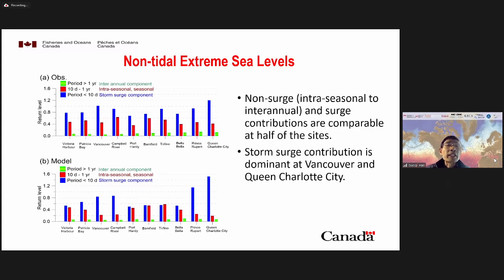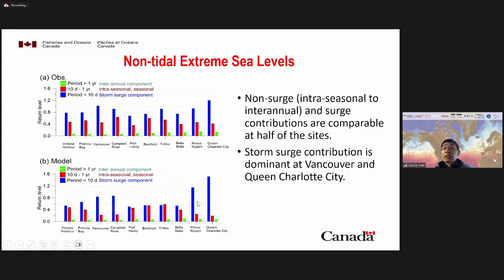One is a storm surge component, with period less than 10 days, and the other is interannual variation, longer than 1 year, and in between we call the intraseasonal and seasonal component. So here you are looking at the extreme sea levels from these 3 components, for model and observation.